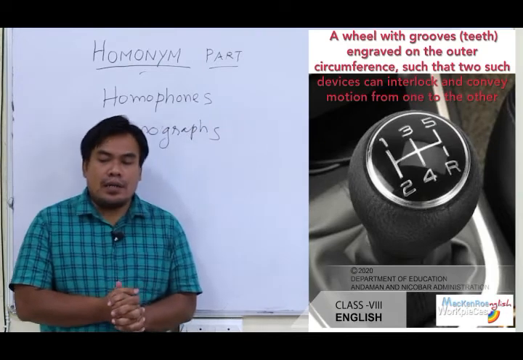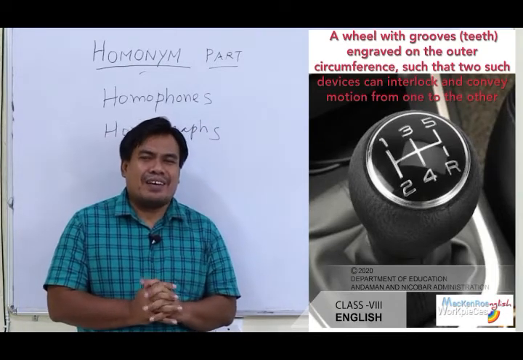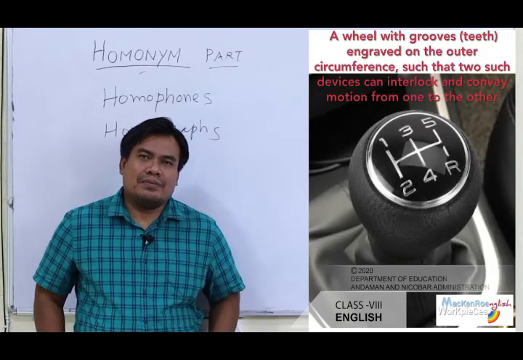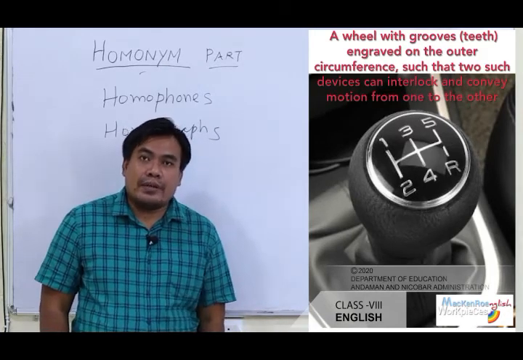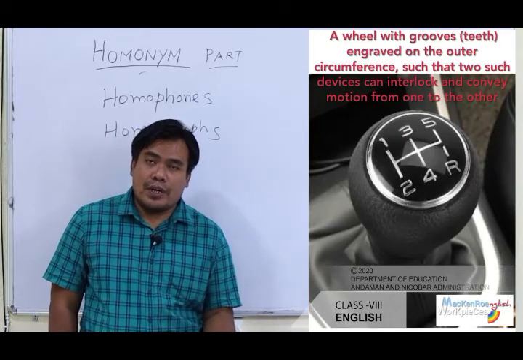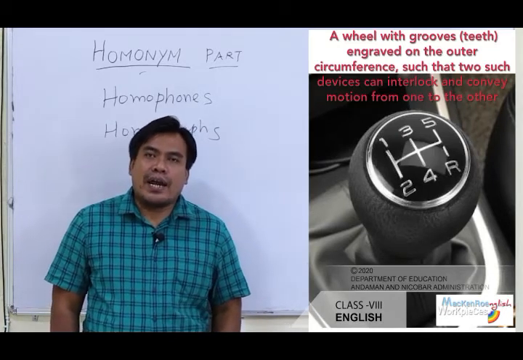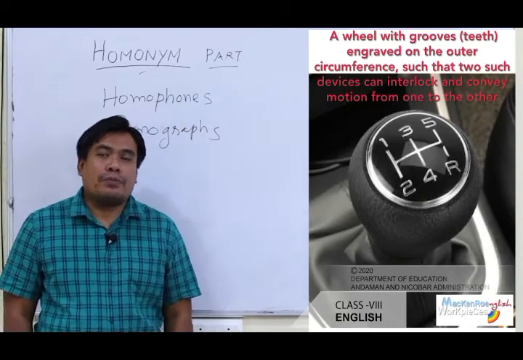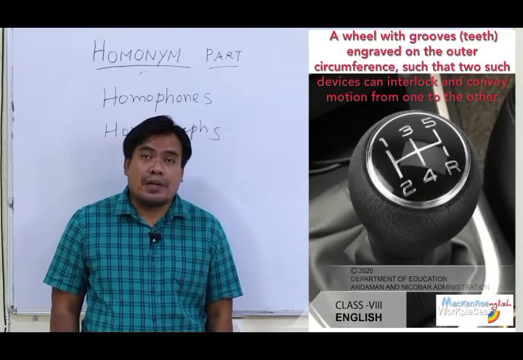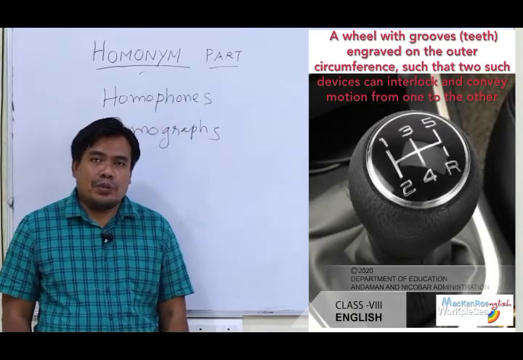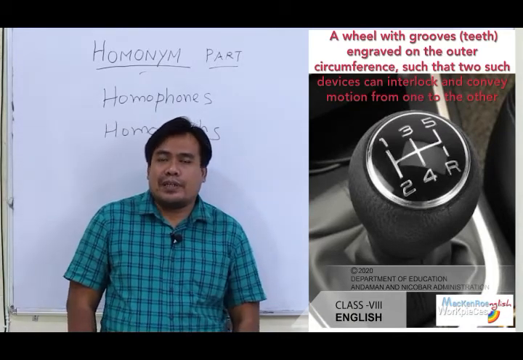Next one. What is that, by the way? Try to figure that out now. It's a gear. The first gear whenever you are moving the vehicle. If you know driving, you don't have to drive actually. You shouldn't be driving now because you are under 18. Whenever you attain the age of 18, that time you can drive.